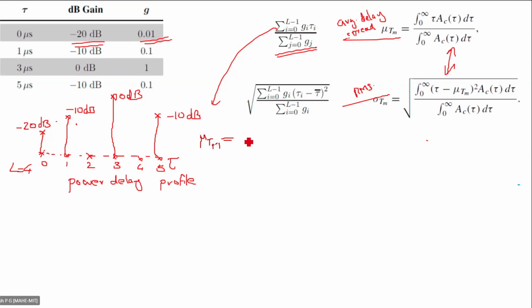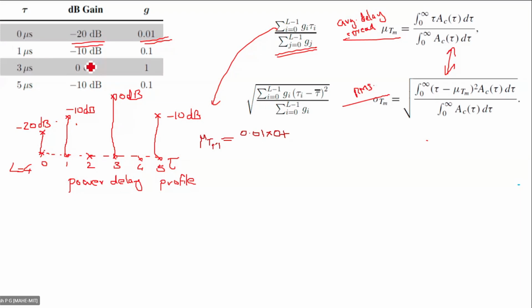What is G0? G0 is nothing but 0.01. What is tau 0? Tau 0 into G0, plus, then again, look at this table. It is easy, right?